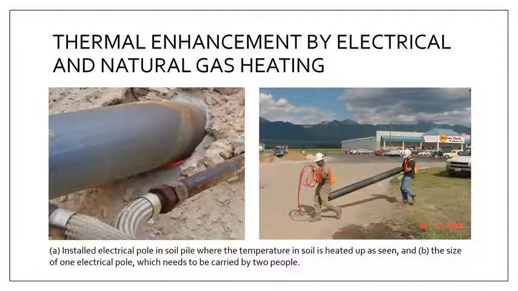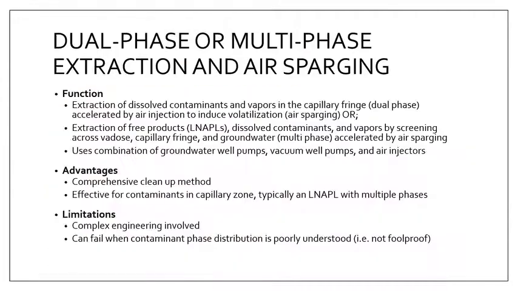These are photos of the equipment used in thermal enhancement. First is an electrical pole, and this is a close-up, and the other photo is a zoomed-out perspective view of an electrical pole used for heating the soil.